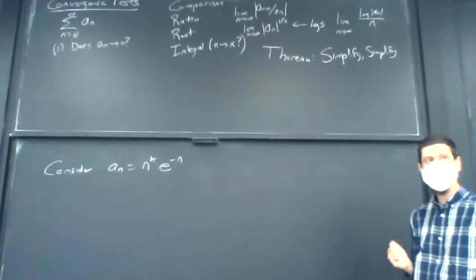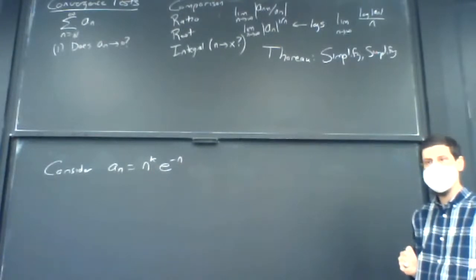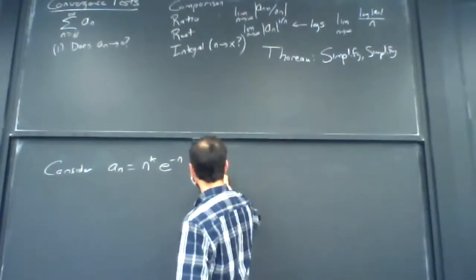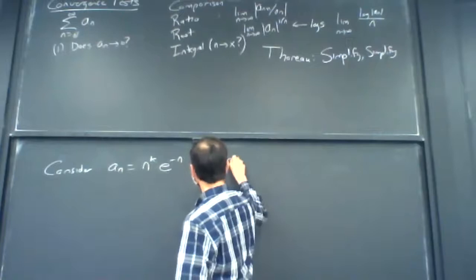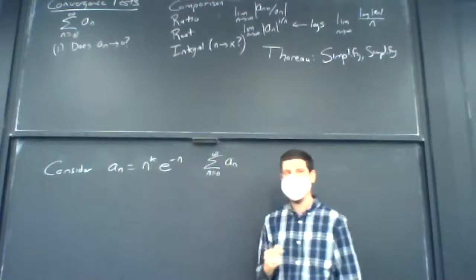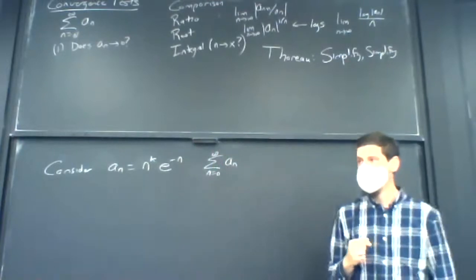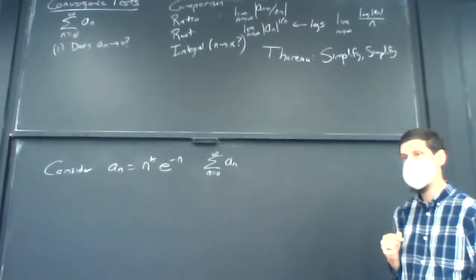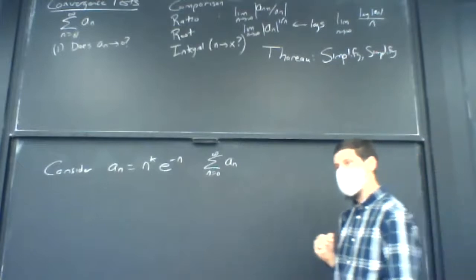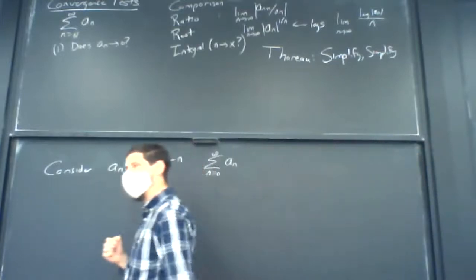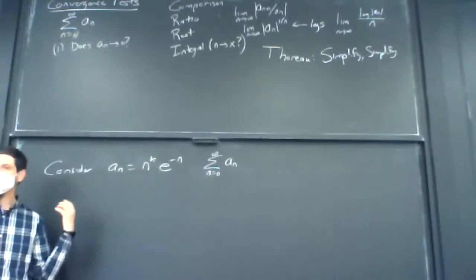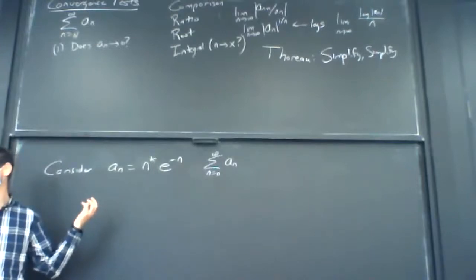Do we think this converges, diverges? When we look at the sum, what are your thoughts? So do you think it converges or diverges? Give me a reason why you think it might diverge.